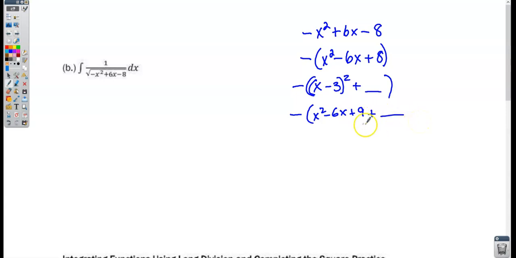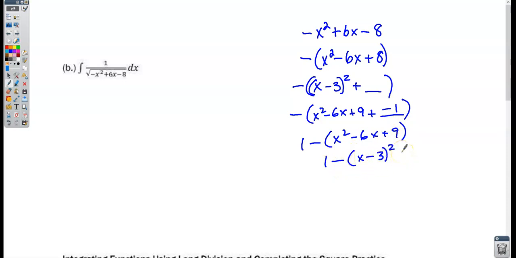And so the value we want to add in here is negative 1. Alright, now I'm going to bring this negative 1 outside, and when we take the opposite of that, it becomes a positive 1. And so I can rewrite this whole expression like this.